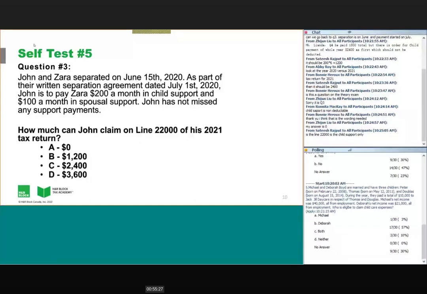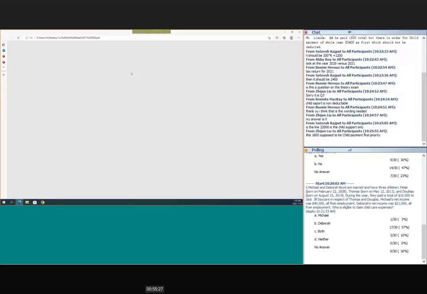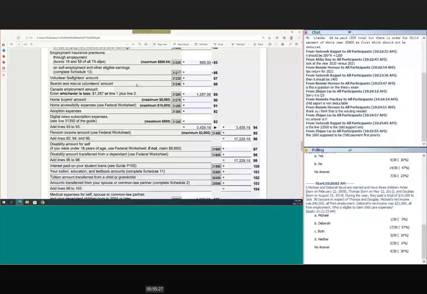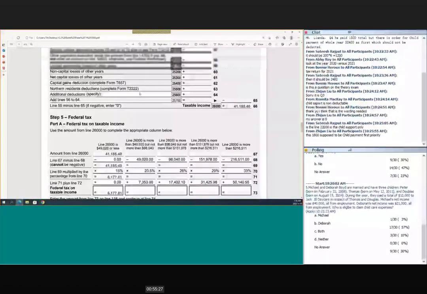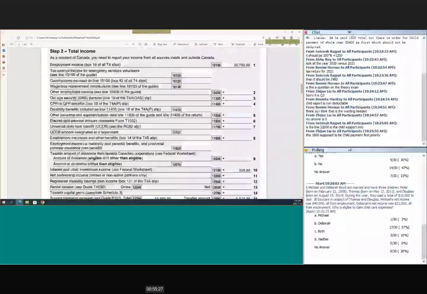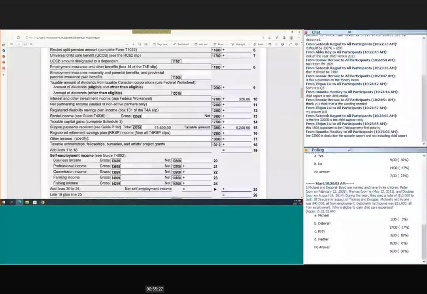Let me just show you this. Ignore the details. It's irrelevant whose return this is. I'm just looking at the T1. On the T1, there's a section for support payments.